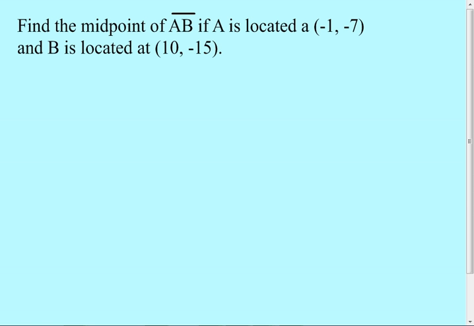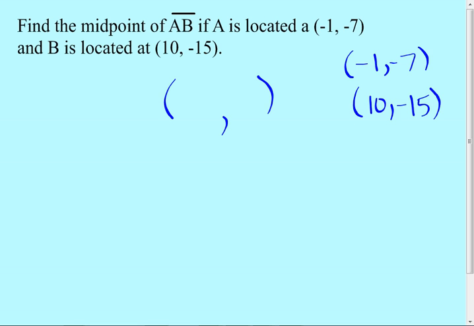Now, I'm given the endpoints and need to find the midpoint. Okay, you guys do this one. You should be able to do this in your head. Except, sometimes we get fractions, don't we? Those are the x's.